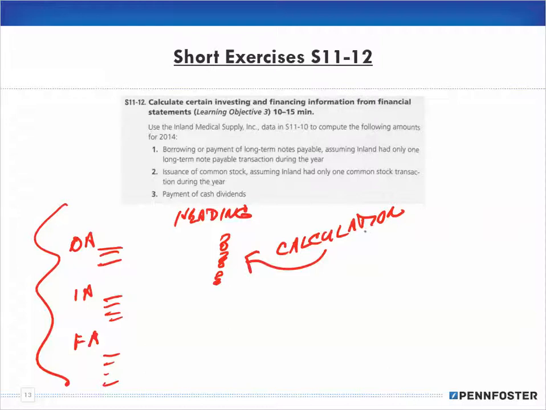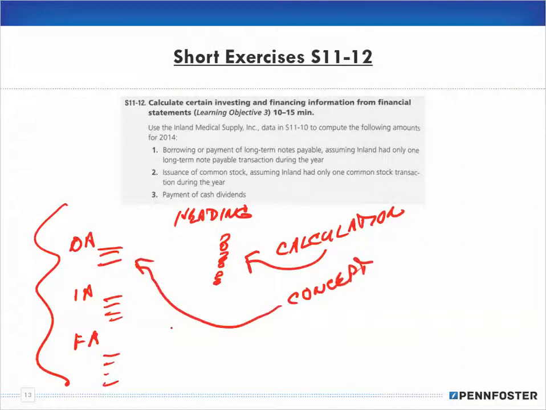And the calculation itself is determined by whether you understand the concept that applies to that particular activity. In the last video for 11-11, we talked about fixed assets, making the adjustment for the fixed asset.